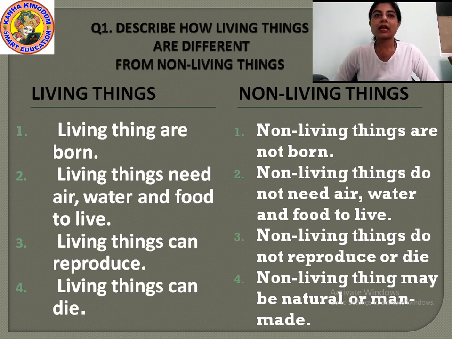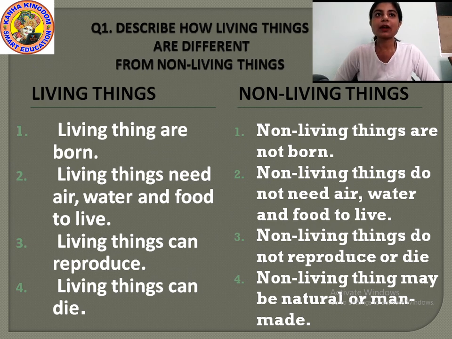Number 3. Living things can reproduce. Non-living things do not reproduce. Then number 4. Living things can die. Non-living things cannot die. And non-living things may be natural or man-made.